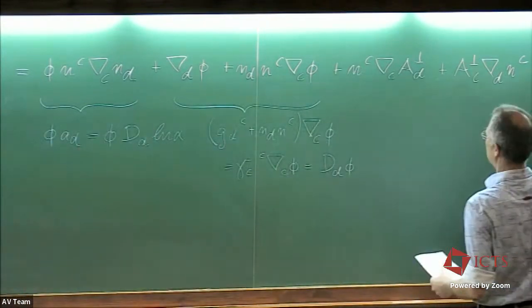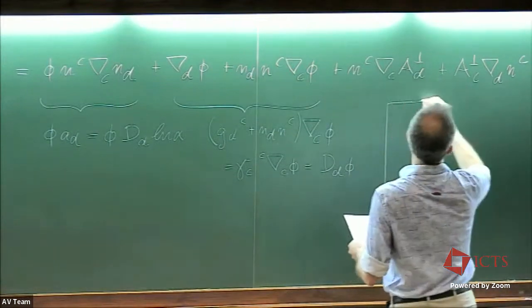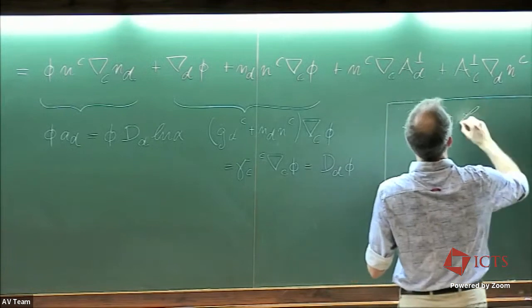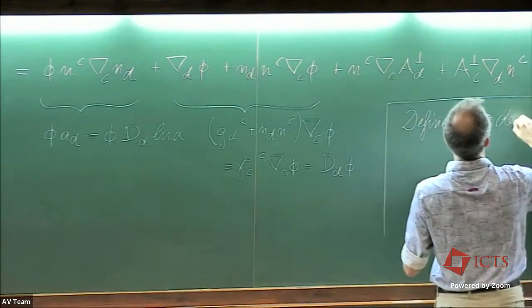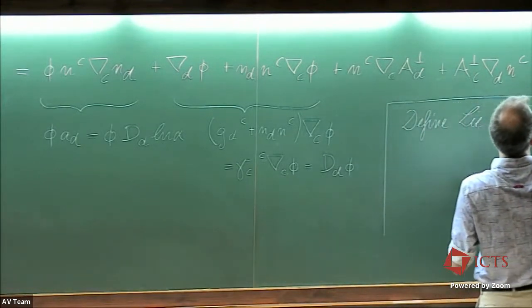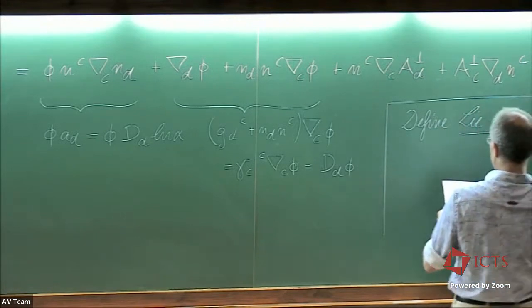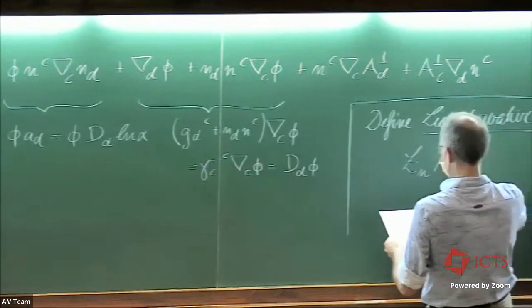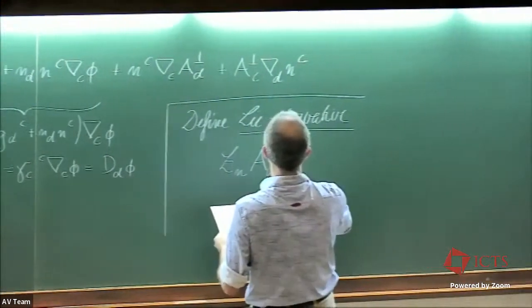Okay, so we now define the Lie derivative along the vector n of A_D perpendicular.